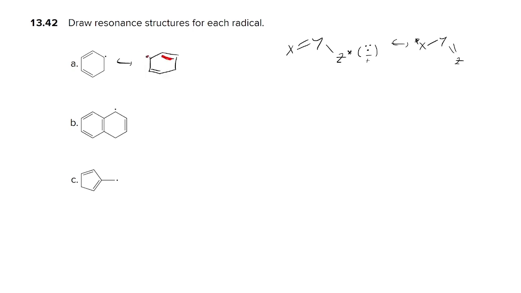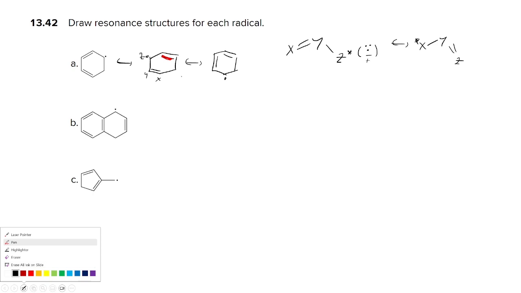Then again we can continue writing another resonance form, because we can have an X, Y, Z system here. If we apply the same principle here, this was already here, the pi bond should move here and the radical should move here. Again, I'm going to use a different color for the pi bond that we moved. So this one and this one.